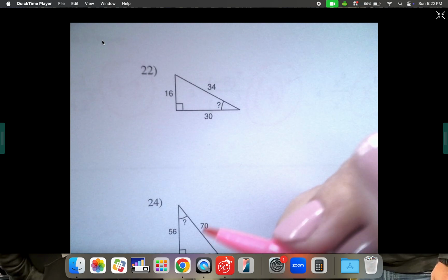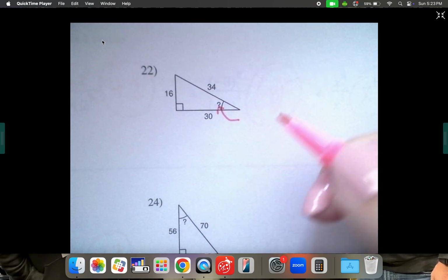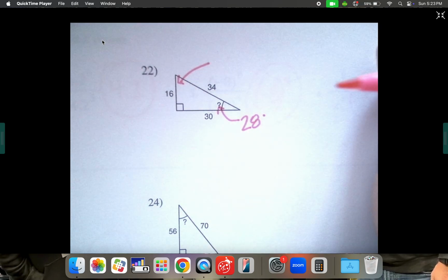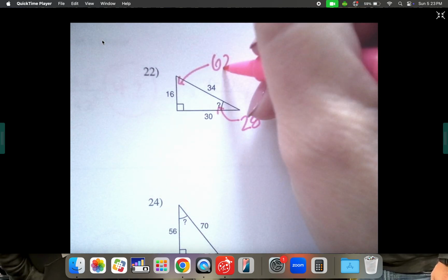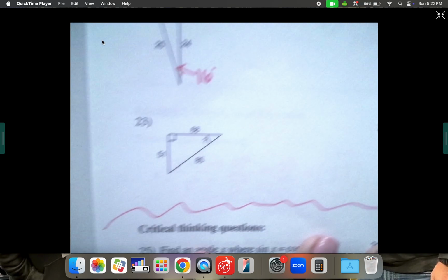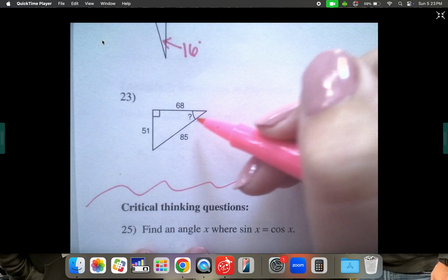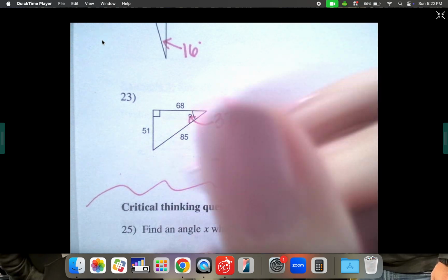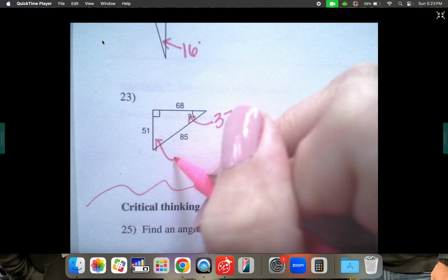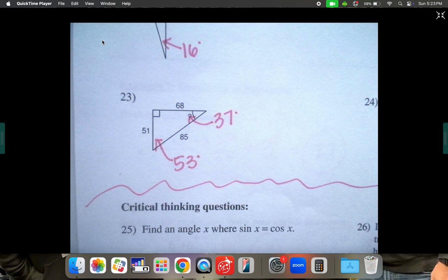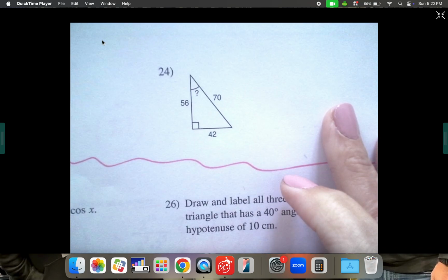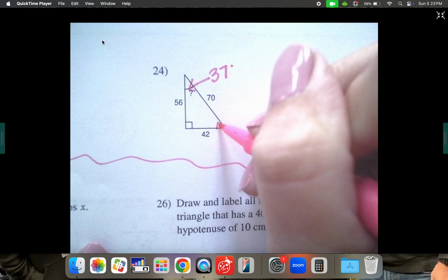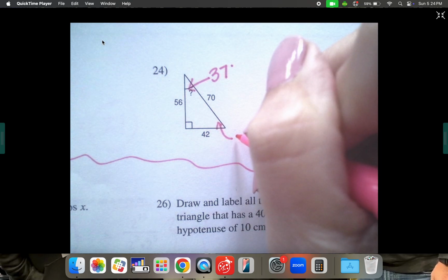For 22, the question mark angle, I got 28 degrees, which meant this bigger acute angle up here would have been 62. For 23, the question mark angle, I got 37 degrees, which means the other acute angle would have been 53. And then for the last one, the question mark angle, I got 37 degrees, which means the other acute angle would be 53. We just had that on the last one.